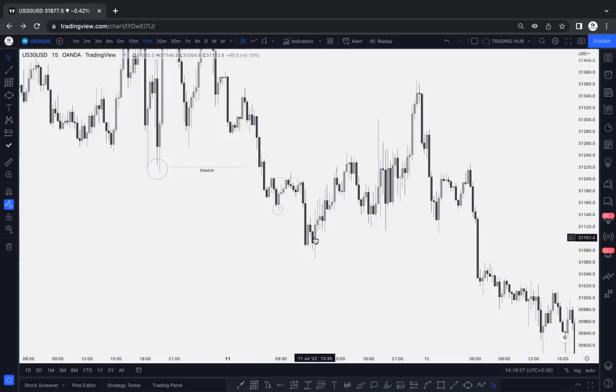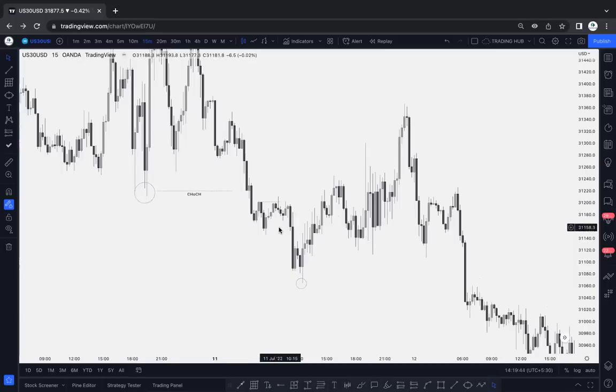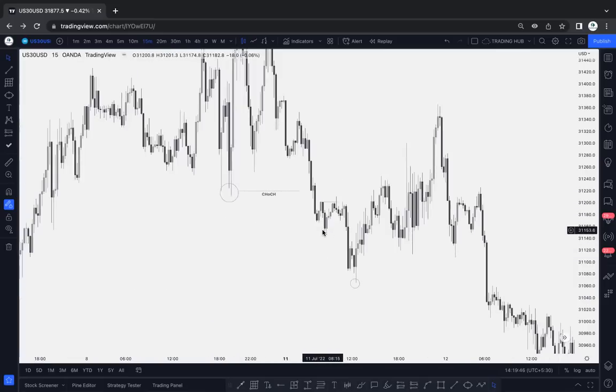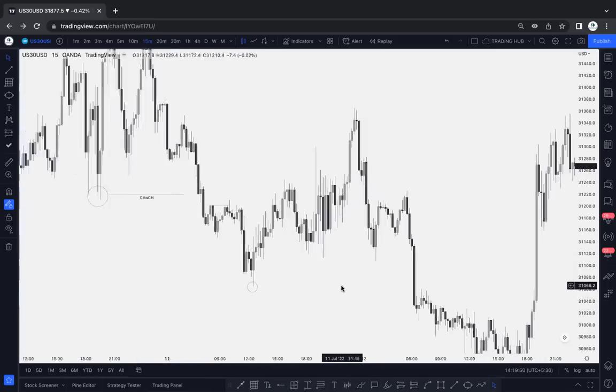So in this case, we transfer the major low from here to here. Why? Because you can see this structure has been completely broken.